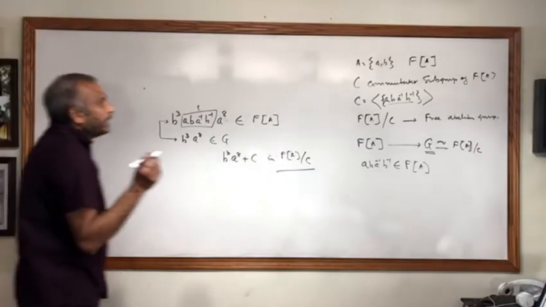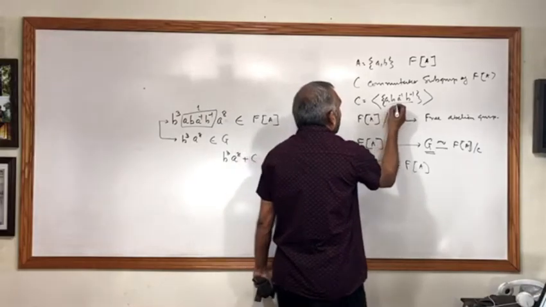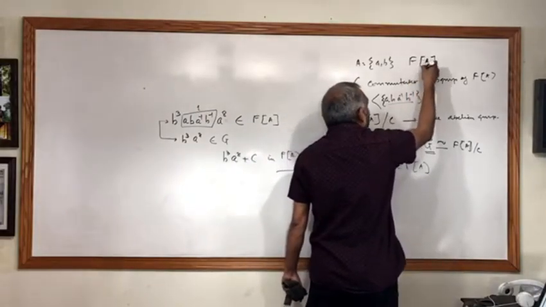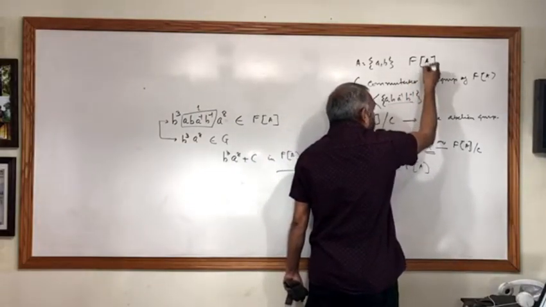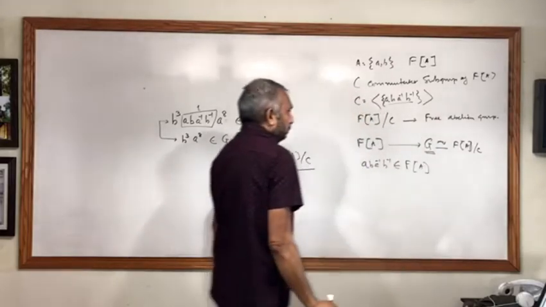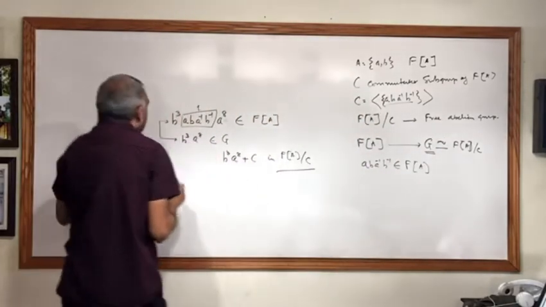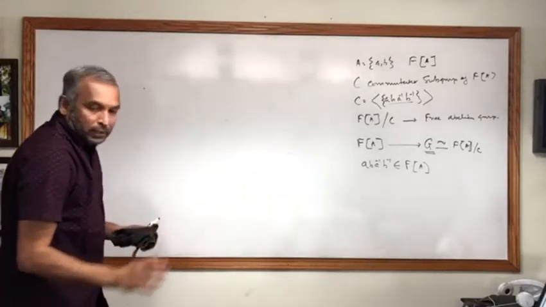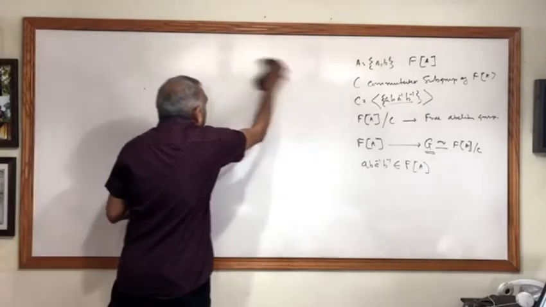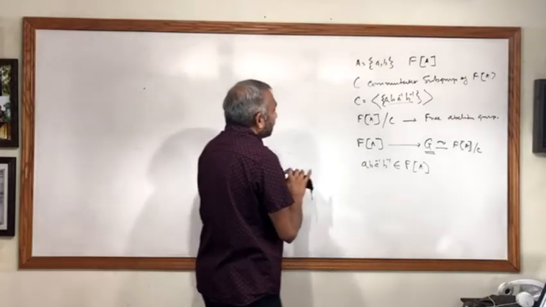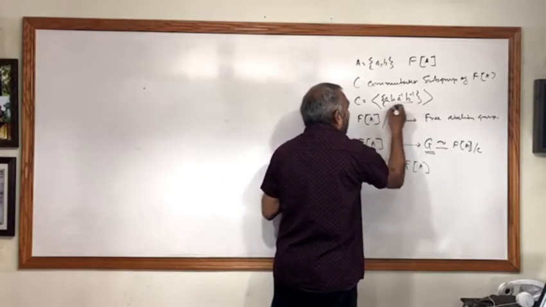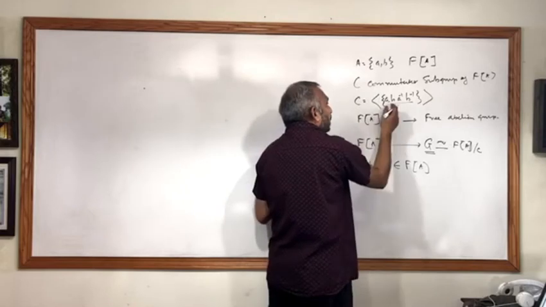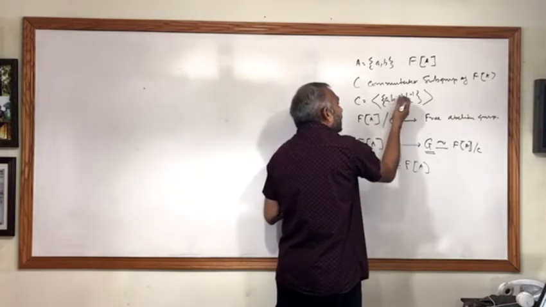So the idea is to enforce some conditions on f of A to get the new group. So that is the idea here. So what we'll do here is, to generalize this concept, here we have only one condition, but we can have as many conditions as you want.